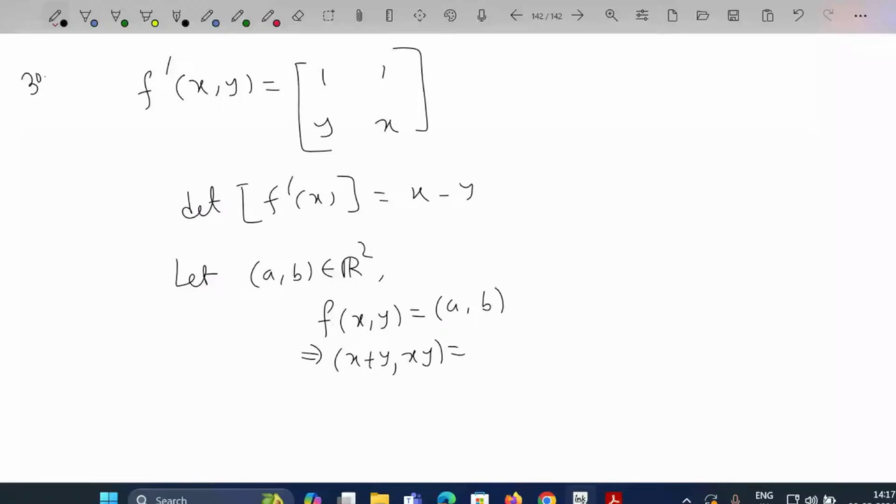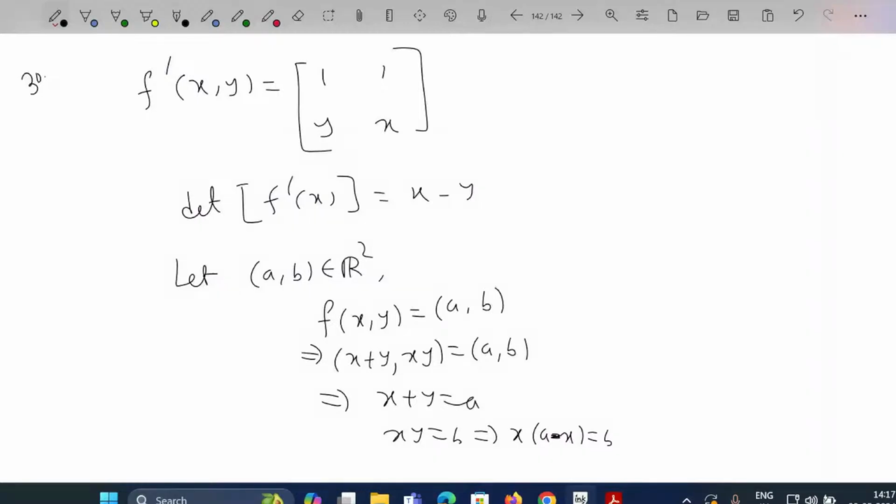This implies that x plus y equals a and xy equals b. So x into a minus x will be b. So it's a quadratic equation in x. So you will have at most 2 different roots, and therefore you have at most 2 points.